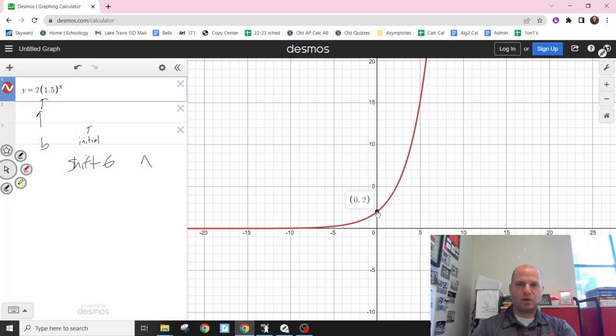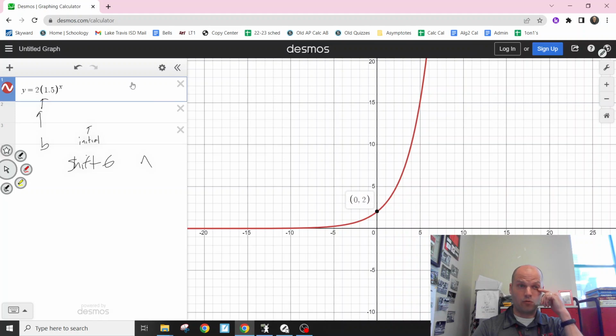So if I increase by 50% after 1 year, I'm going to get to 3. 50% of 3 is 1.5. If I go to the next year, I'm going to be at 4.5 because that's how much I'm going to increase. So after 2 years, I'm going to be at 4.5.